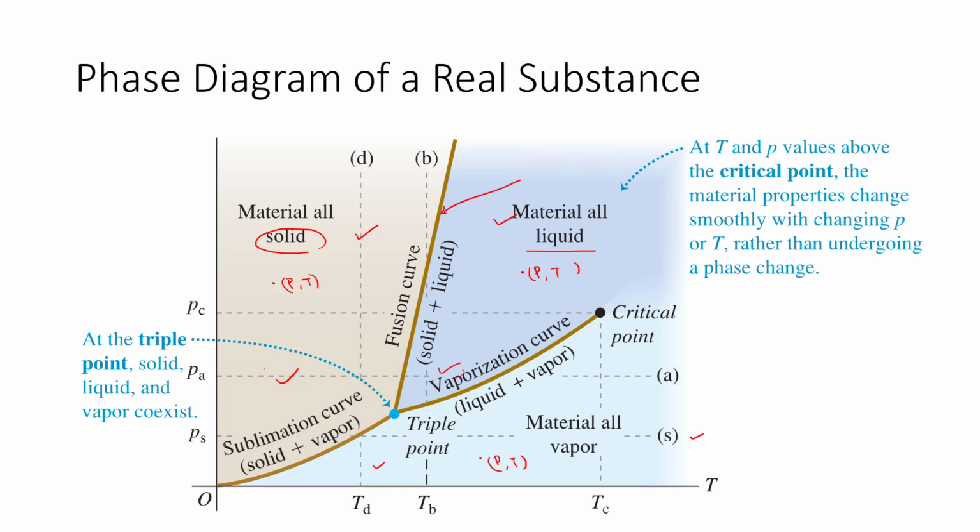When we heat a solid substance, it undergoes the phase transition from solid directly to vapor without going through the liquid phase, which we call a sublimation process. That's why we call this line the sublimation curve.